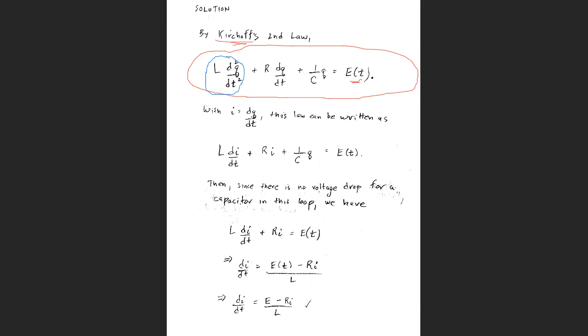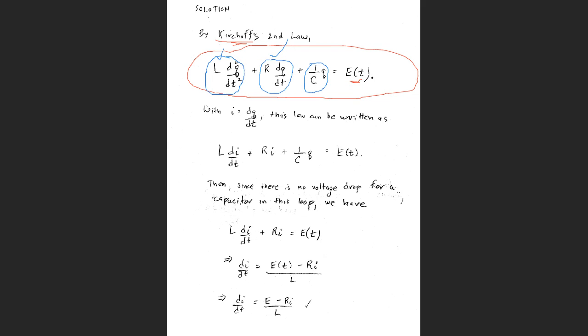Then there's a voltage drop due to your resistor, R, and another voltage drop due to your capacitor, C. Now, in our problem, we don't have a capacitor, but we do have a resistor and an inductor.